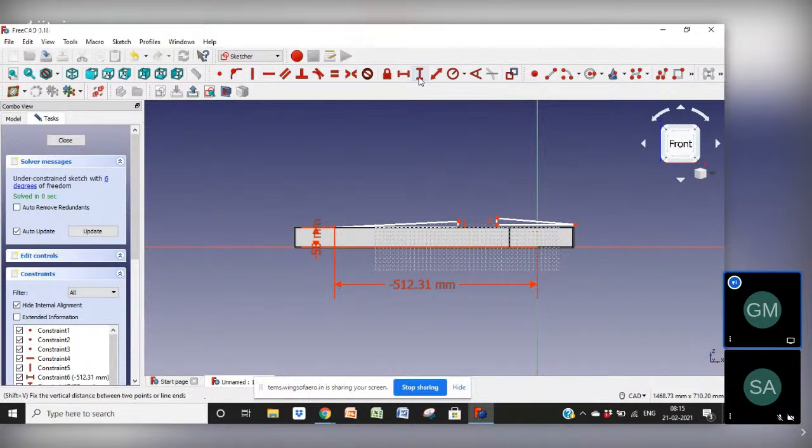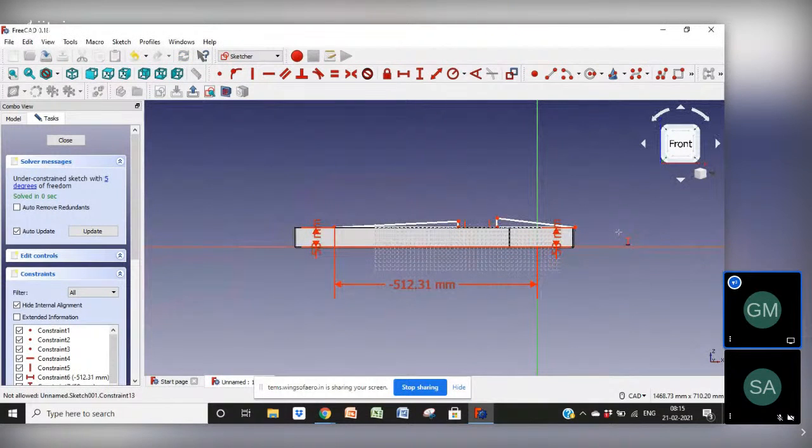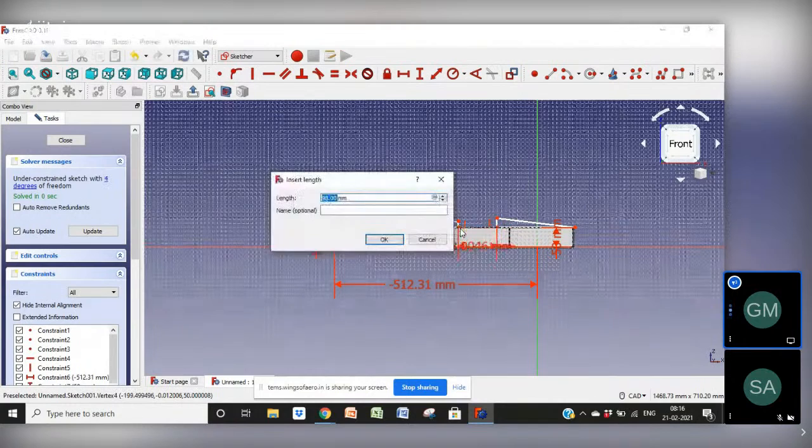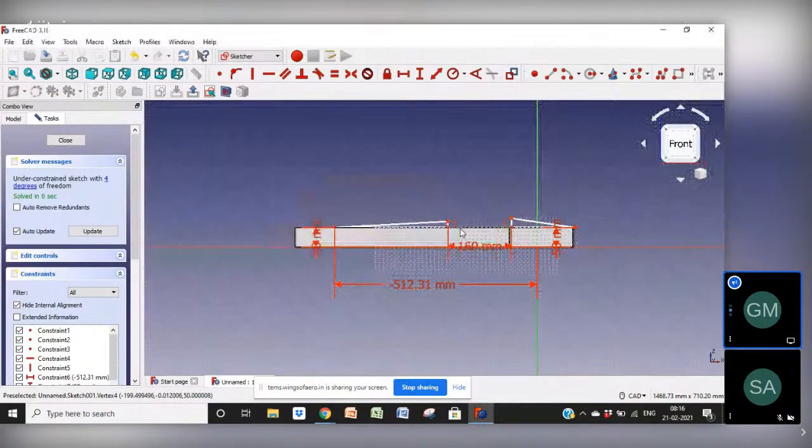Okay, and taking this distance from center will be 50. Okay, now distance between this point and this point would be, I guess it was 160. Yeah, 160 is enough.